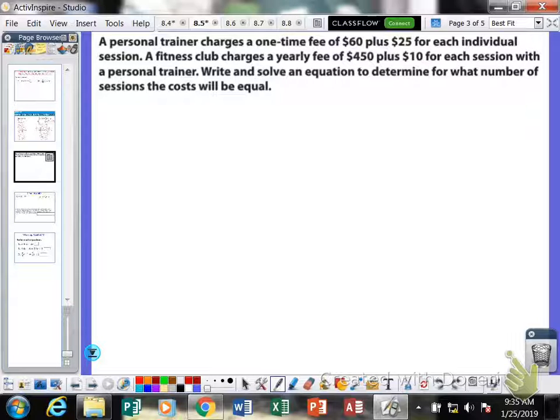So that's going to give us 60 plus 25x. That x represents each of the individual sessions because it is $25 for each one. Now, we want to determine what number of sessions the cost will be equal.